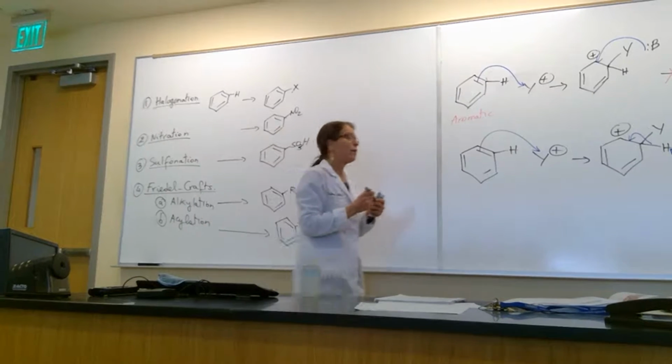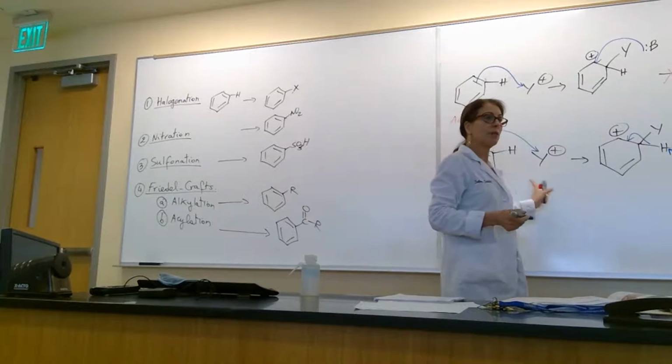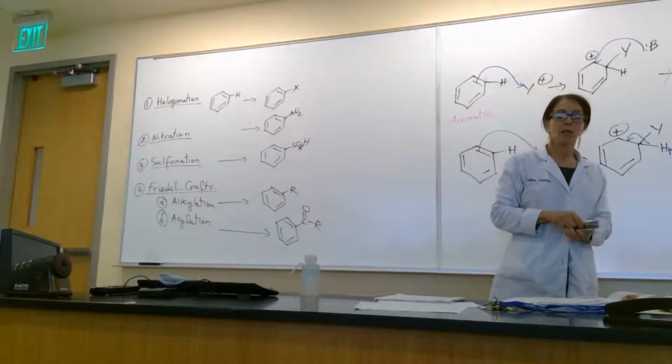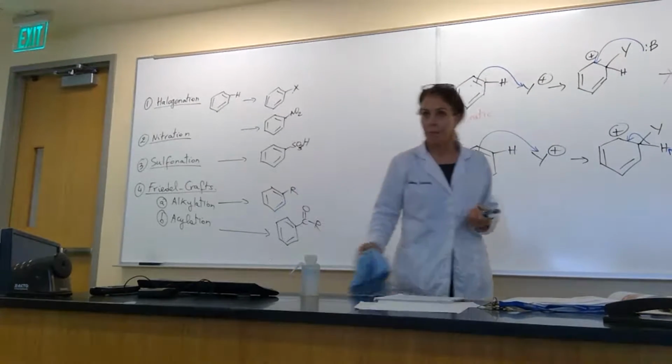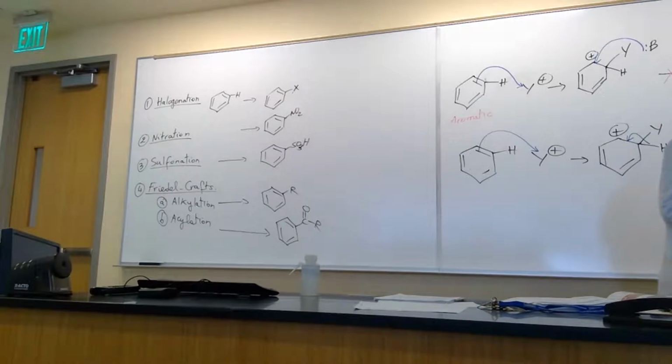Now, since all of them have pretty much the same mechanism, why then should we study 4 of them? Okay, if they're the same, you just say, okay, you learned one, it applies to all of them. Well, the answer is they're not exactly the same. So what I want you to know, and when you study this chapter, is always remember, how are they similar?